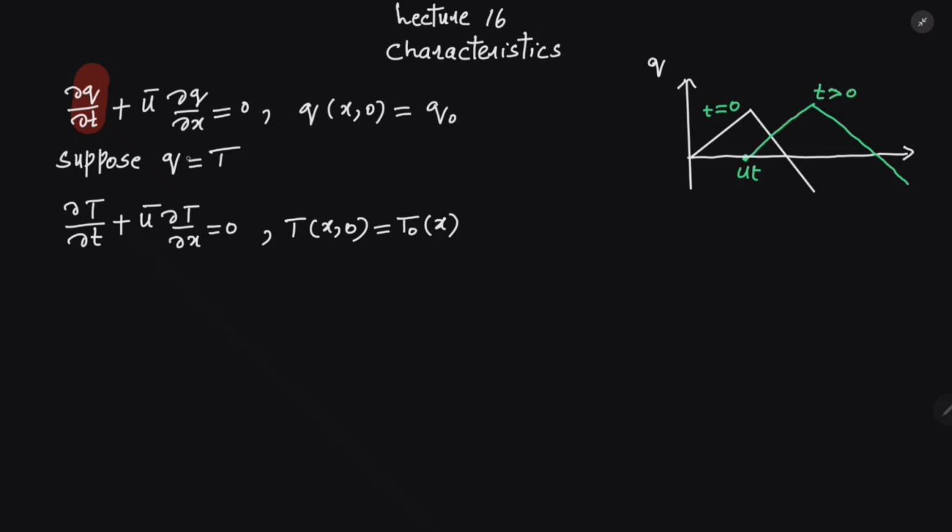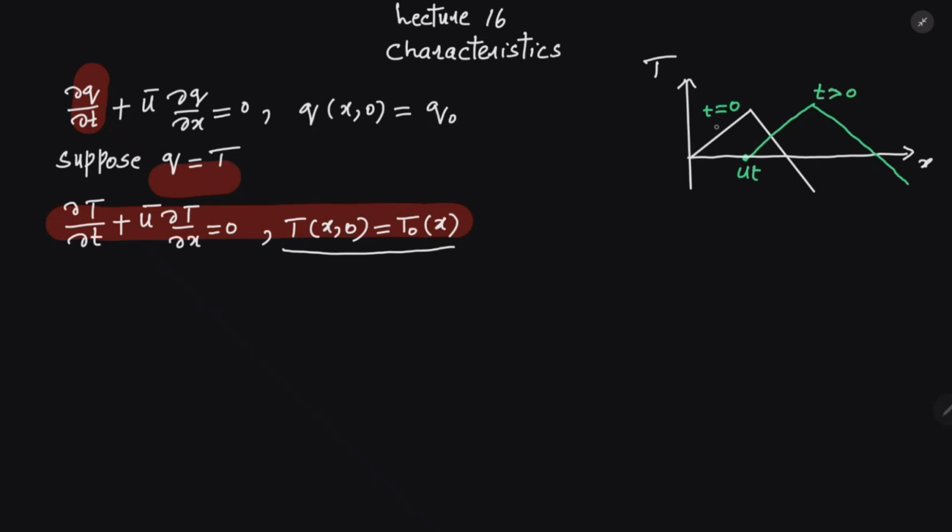Suppose we have Q equal to temperature, and this is the advection equation for temperature, and there is an initial condition given over here. On the right hand side, you can see an image. On the y-axis, we have temperature, and on the x-axis, we have x.